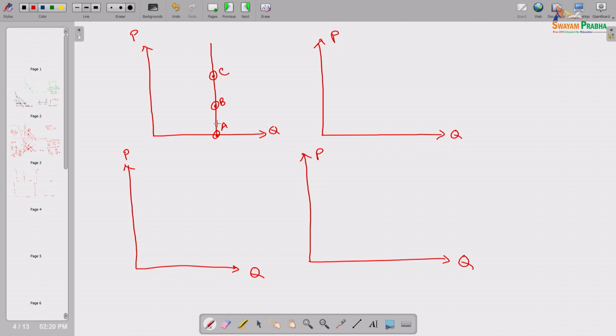Now we can get one essential message. We have shown that if your demand curve is a straight line, then along that demand curve the elasticity of demand value changes at various points, which we proved in the last class.